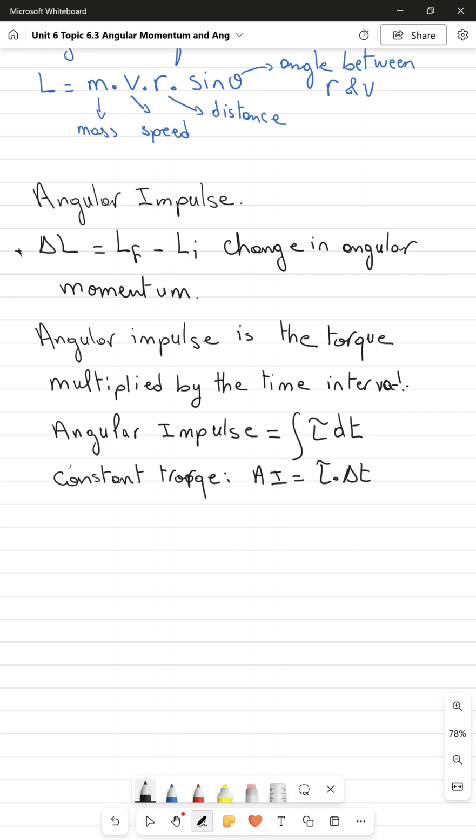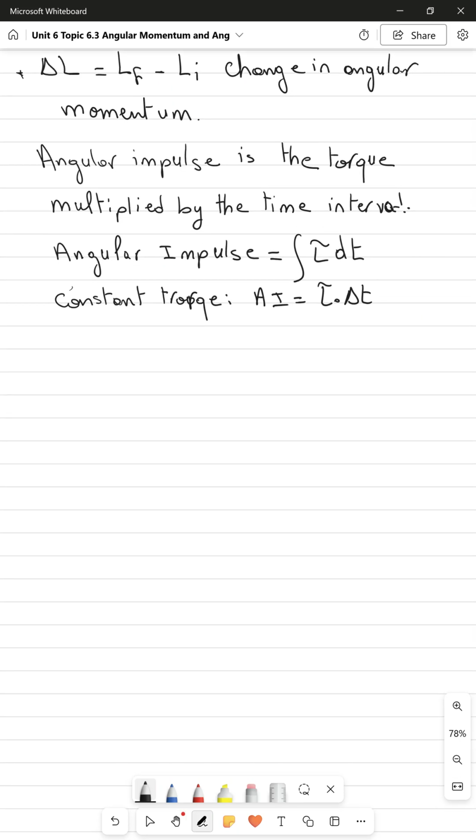And be careful, don't mix up angular impulse and work. The difference is that here it is with time, while the other one was with the angle. Now, angular impulse and torque have the same direction.